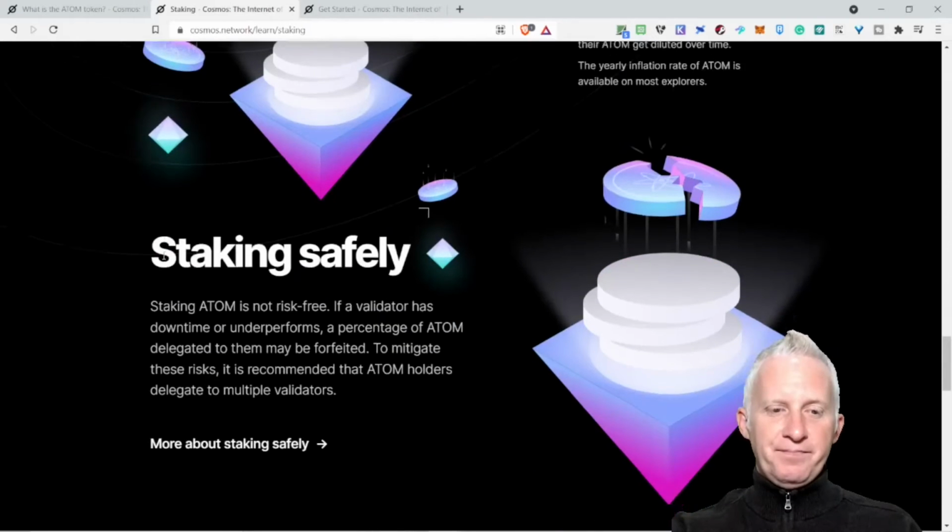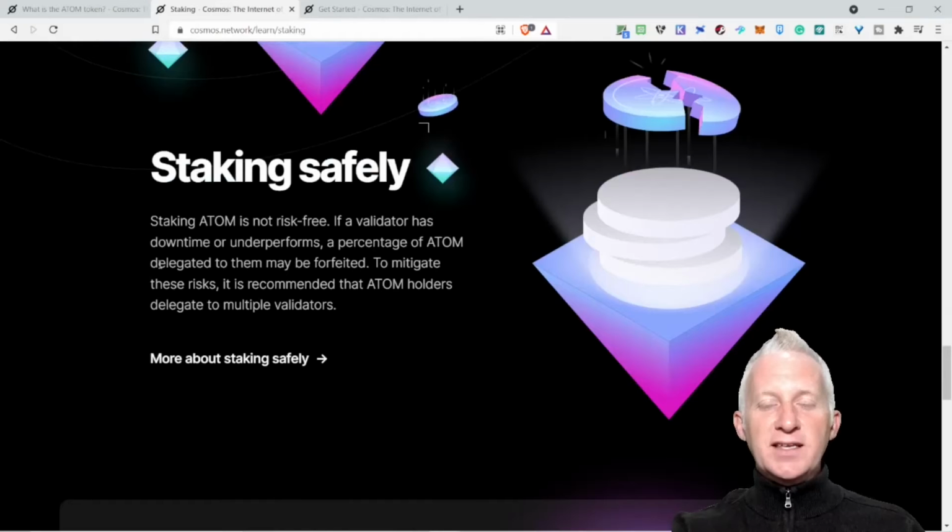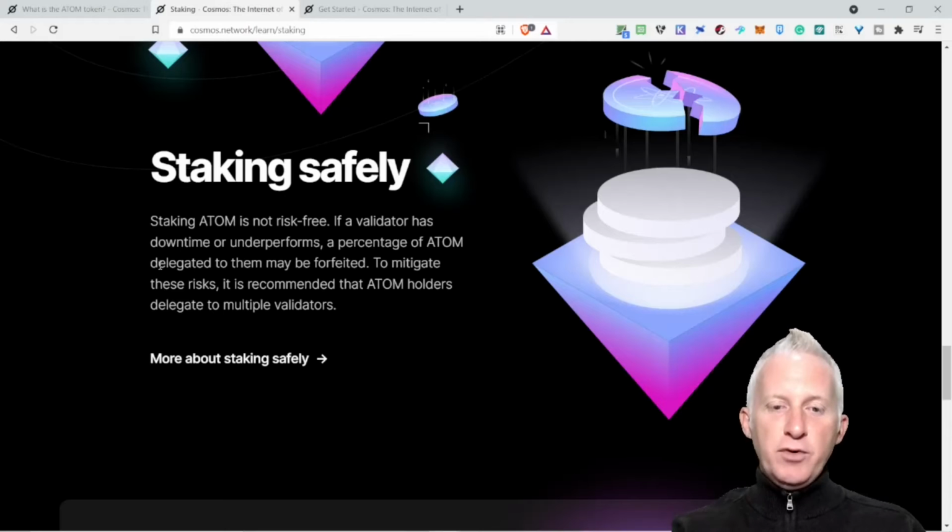Staking safety. Staking Atom is not risk-free. If a validator has downtime and underperforms, a percentage of Atom delegated to them may be forfeited. To mitigate this risk, it's recommended that Atom holders delegate to multiple validators.